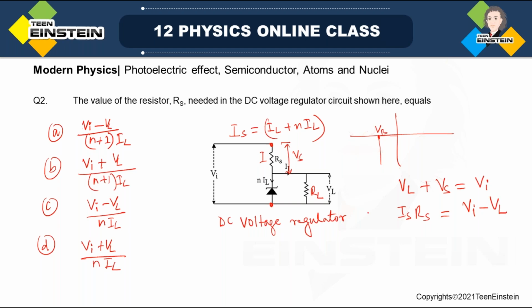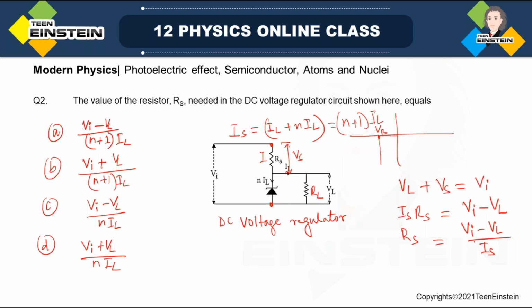Now I have to find out what Rs is. Rs means Vi minus VL divided by Is. What is Is? I know here it is n plus 1 into IL.